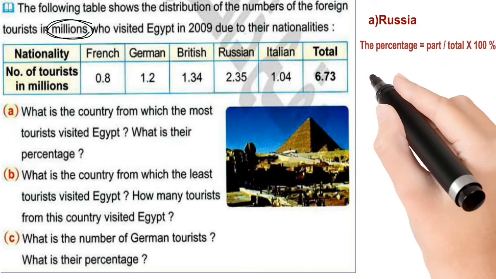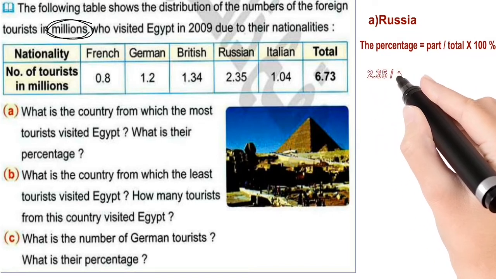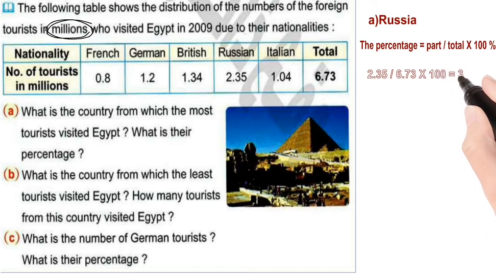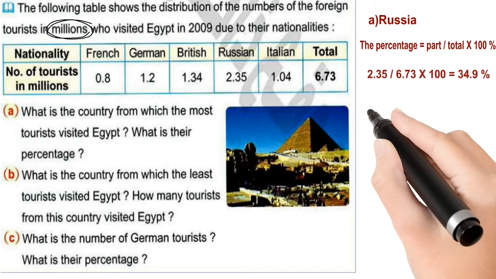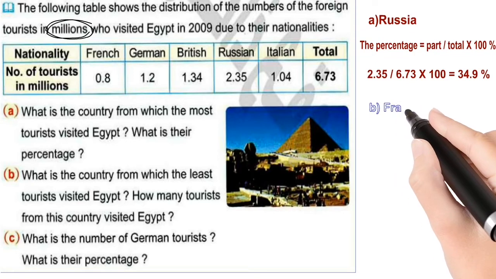Part will be 2.35 divided by total 6.73 multiplied by 100. It will be 34.9%.